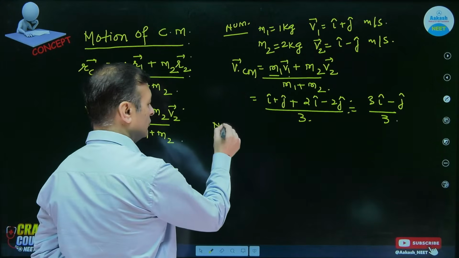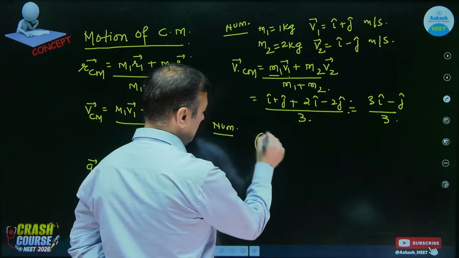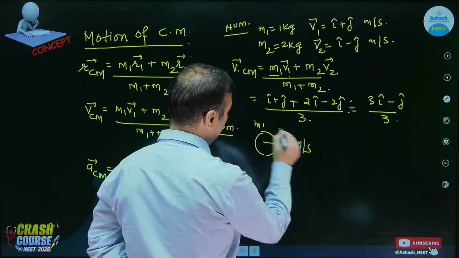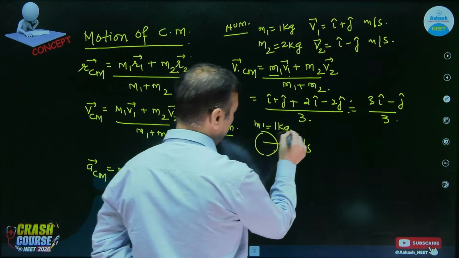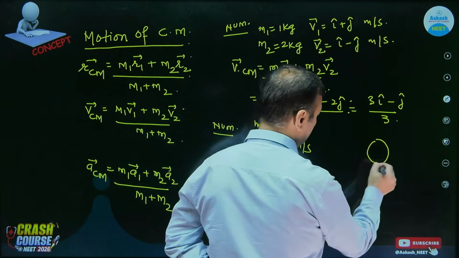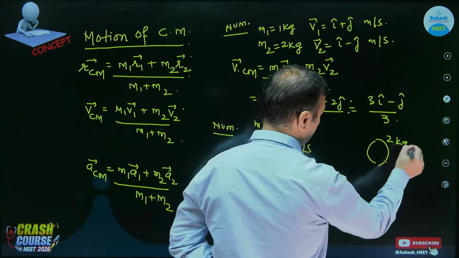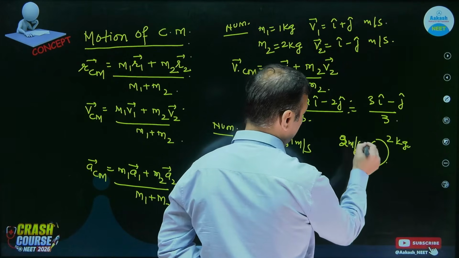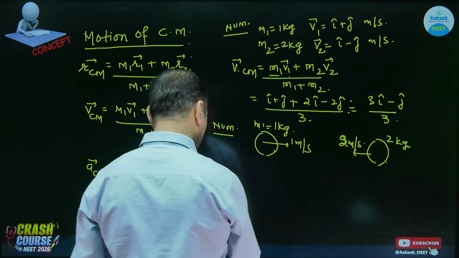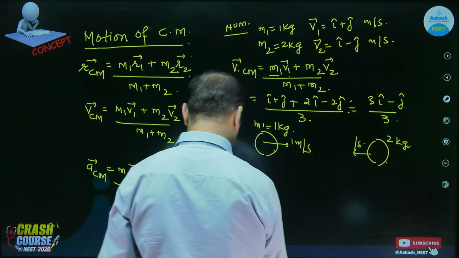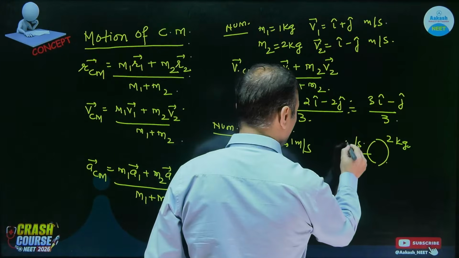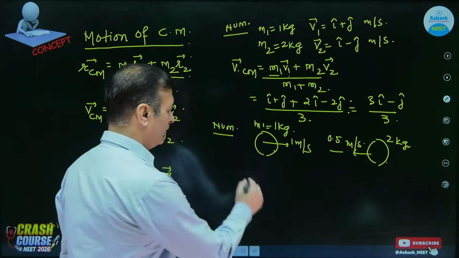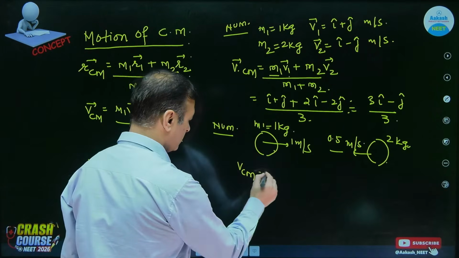Let's suppose you have another situation where m1 is 1 kg moving with 1 meter per second, and a 2 kg mass is moving with 0.5 meter per second. What is the velocity of center of mass?